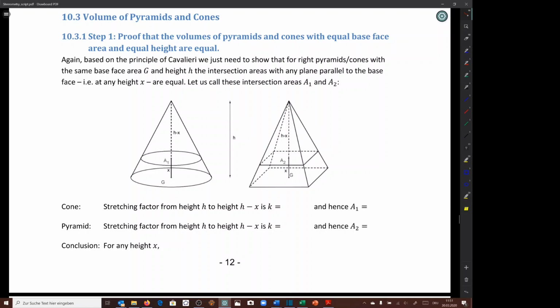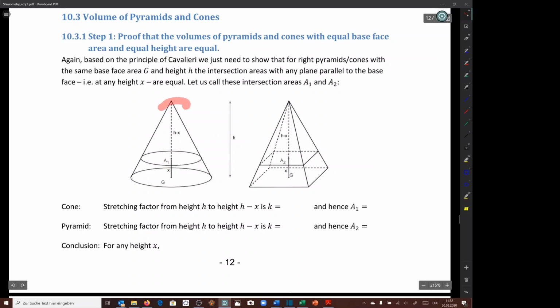In the first step, let us show that the volume of any two cones or pyramids that have the same height and the same base face area are equal. Let G be the base face area, H the height of the cone, and then x the height at which we cut through the cone or the pyramid.